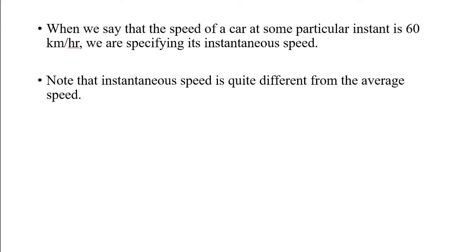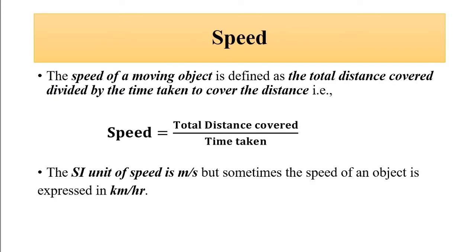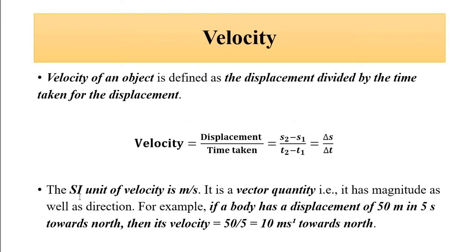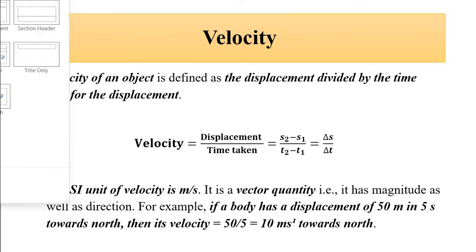So these are the various things related to speed, which involves distance and time. Next is velocity. Same as we discussed with speed, same expressions, but you have to make one substitution. You just have to replace distance with displacement.